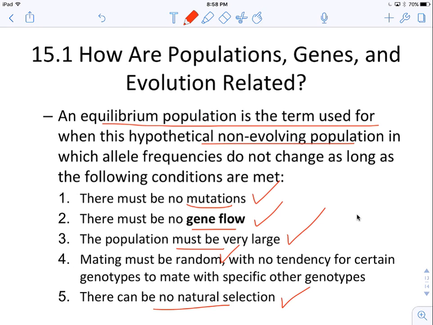You're going to see this list at the beginning of the next screencast when we talk about how evolution actually occurs. So again, we study the Hardy-Weinberg principle, where evolution is not occurring, to figure out what actually makes evolution occur. Does that make sense? We're basically studying what doesn't happen in order to figure out what actually does happen. It's very deep.